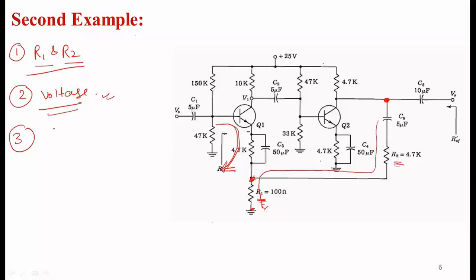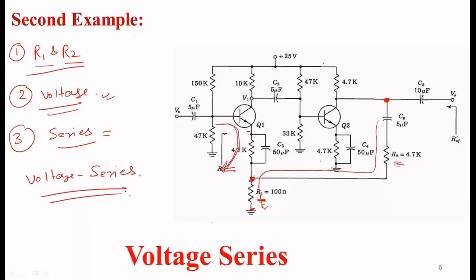So hence we can say that this is a series kind of connection. Hence this circuit is the voltage series topology. So this is the voltage series type of example.